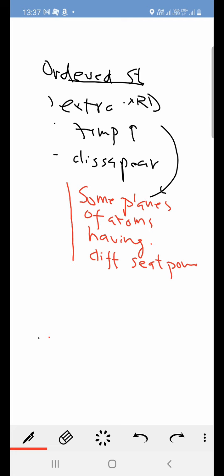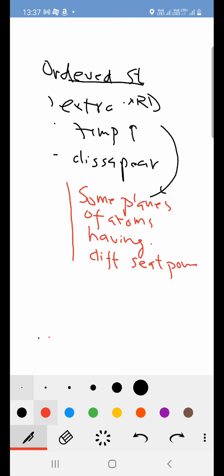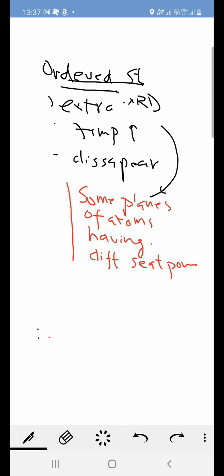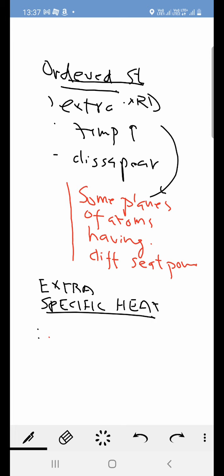Apart from these extra ordered lines, a signature of an ordered alloy is also the extra specific heat. This is a signature of the ordered state.